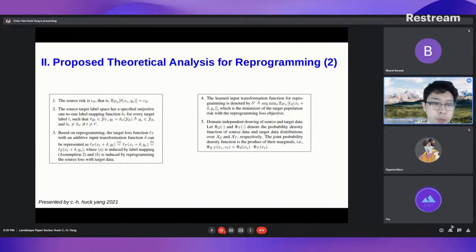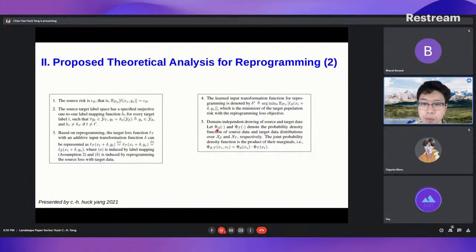And you can reformulate this target loss to source loss by the third hypothesis. The idea becomes you want to learn a transformation function for this reprogramming, denoted by this delta star here, which tries to minimize this delta from the population source model risk with the reprogramming loss objective.